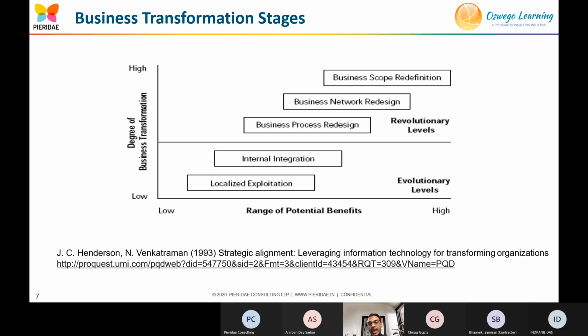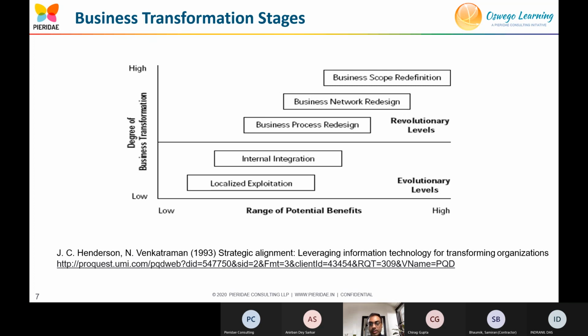They thought, why can't we expose the same technology to the market, gain customers and create new business value? So they entirely redefined the scope of business and came up with a new business line, AWS. That's business scope redefinition, which is the highest level of business transformation.